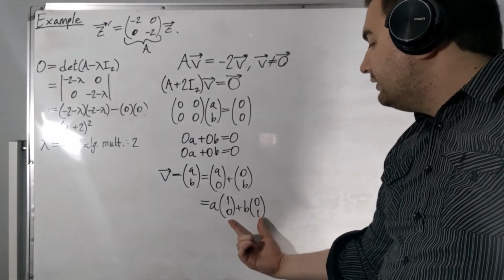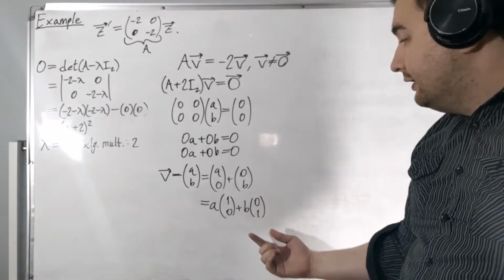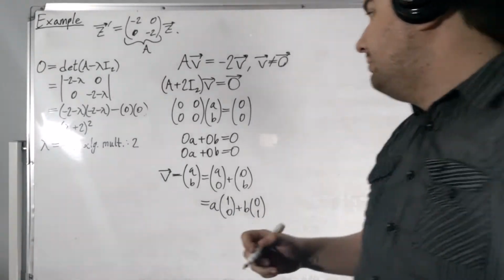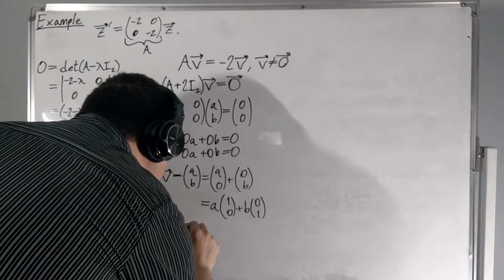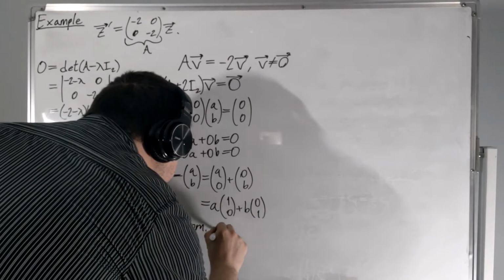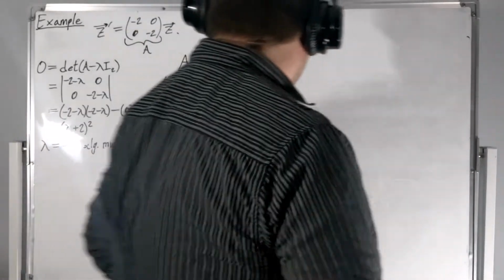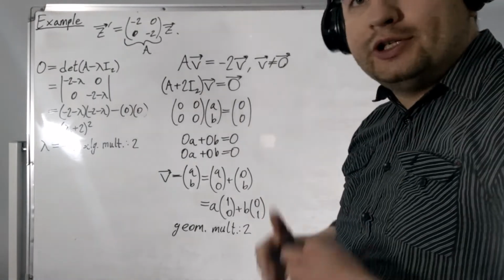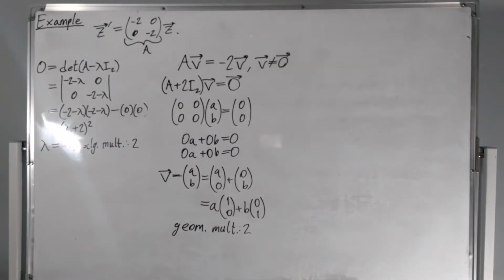So we just have all the linear combinations of 1, 0 and 0, 1. 1, 0 and 0, 1 are linearly independent, so the geometric multiplicity is 2. And that means that the defect is 2 minus 2, which is 0. Okay? So now things go smoothly.